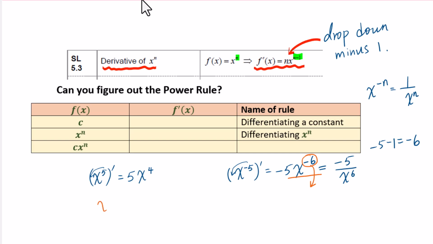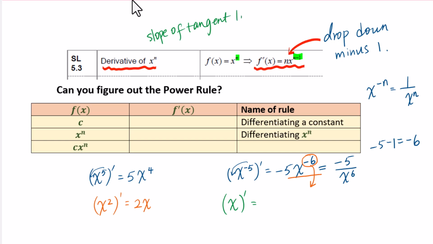What about x squared prime equals 2x? Derivative is the slope of tangent line. For linear function, tangent line is itself.